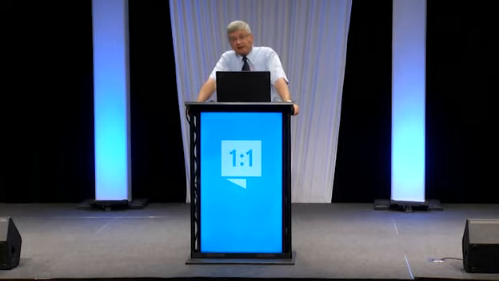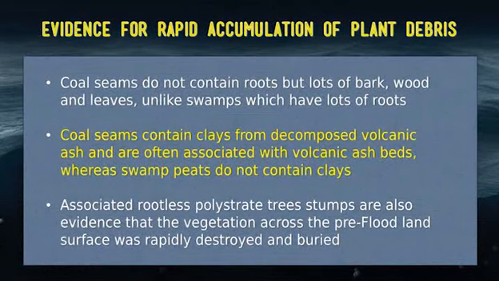And that's why, for example, in Ireland, they can drain the peat swamp and dry the peat and burn it because there's no clay in there. It's all organic material that's burnable. Associated rootless polystrate tree stumps are also evidence that the vegetation across the pre-flood land surface was rapidly destroyed and buried.